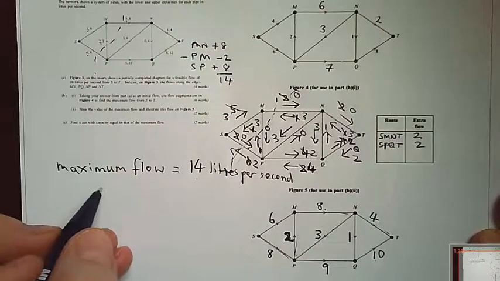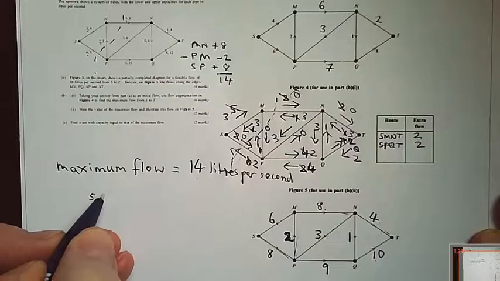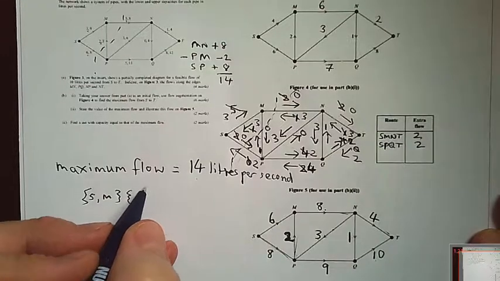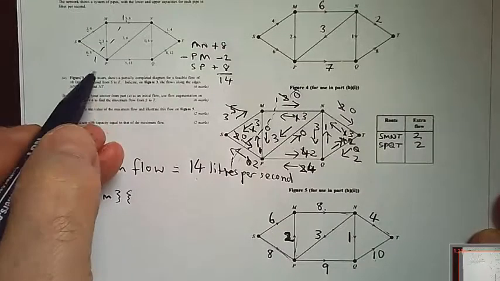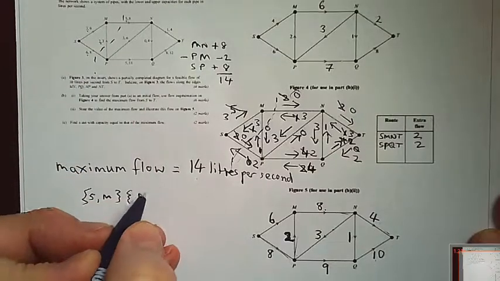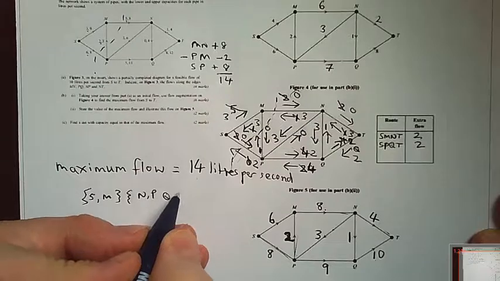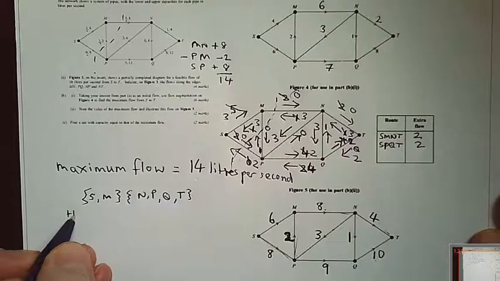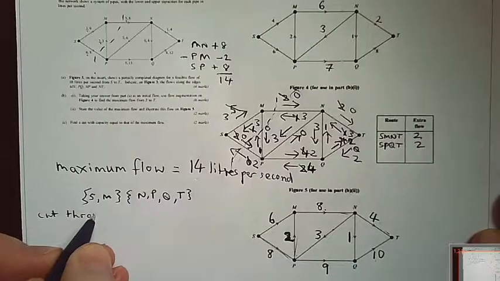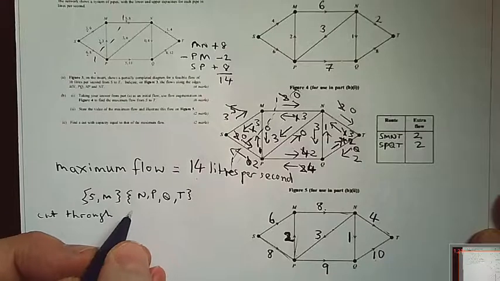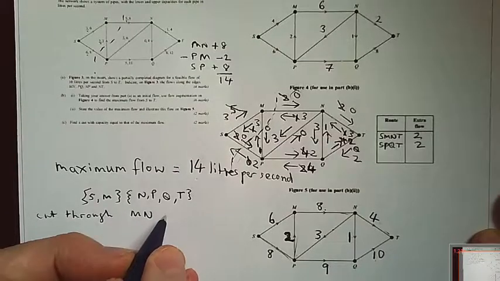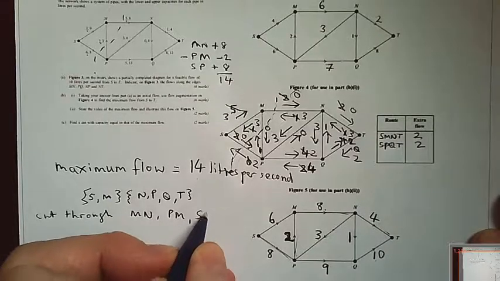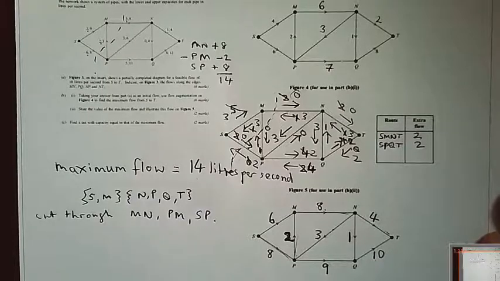Well, that cut separates S and M from the rest of N, P, Q and T, and it goes through MN, PM and SP. That's it.